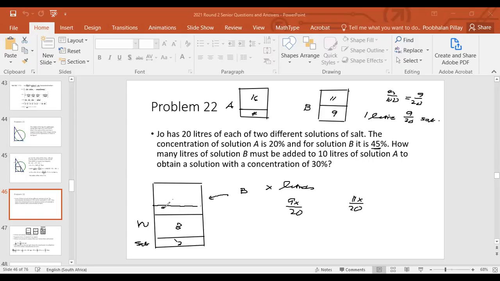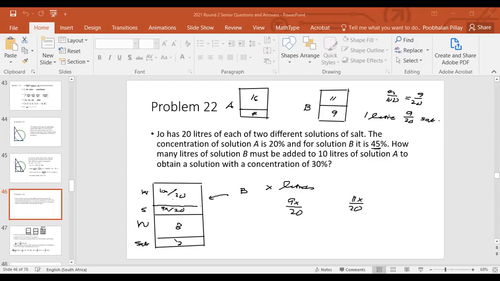So the new amount is 9x over 20 salt and 11x over 20 water. Now we've got a good idea as to what this mixture contains, the total amount of salt and the total amount of liquid. So we've got the full profile of this liquid.